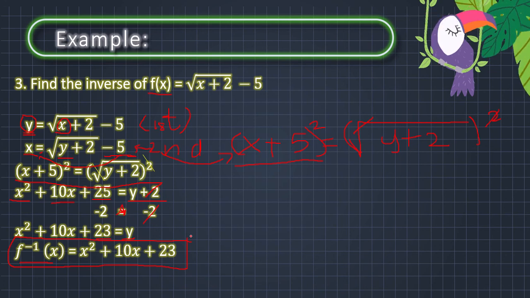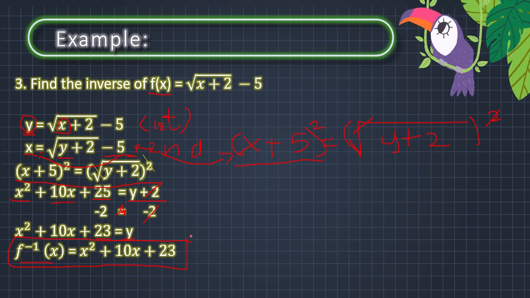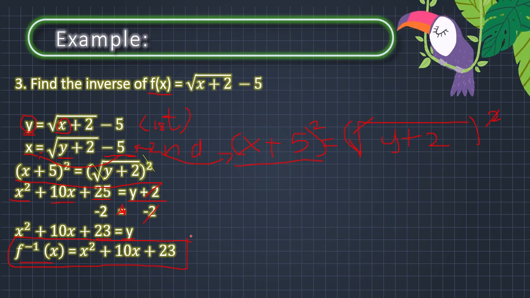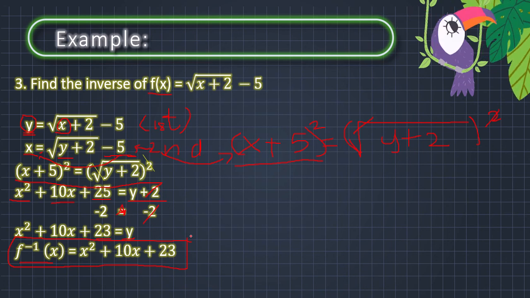Simple as that. Again, the only thing that you need to be reminded of is how we follow the steps of solving an inverse function. Because if you forget, or if you do not master the steps, there is a possibility that you may come up with a wrong answer.